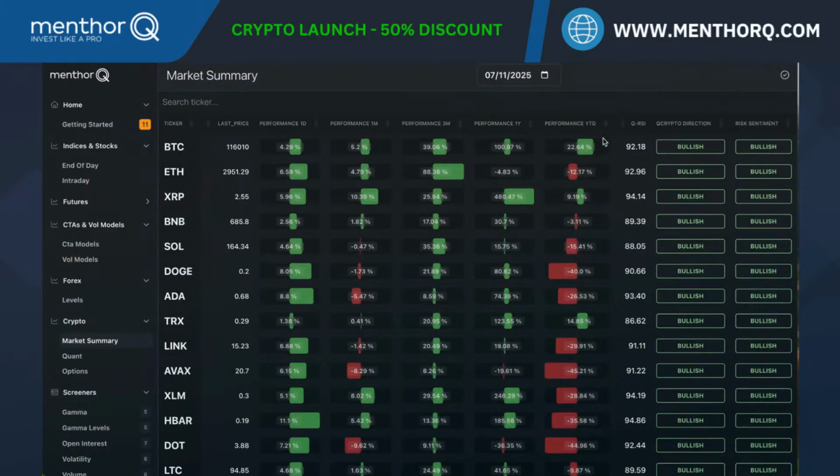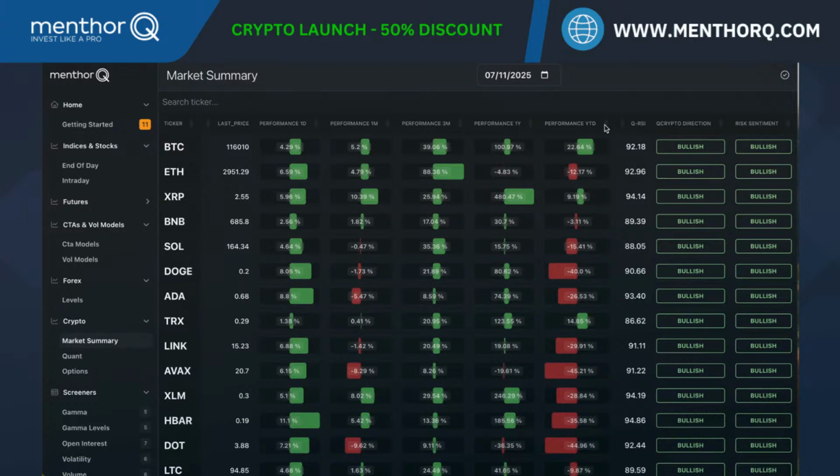And then we have our new three quant models, which are the QRSI, a new way of looking at crypto, using the same approach as the traditional RSI, but we created a new version based on our models.